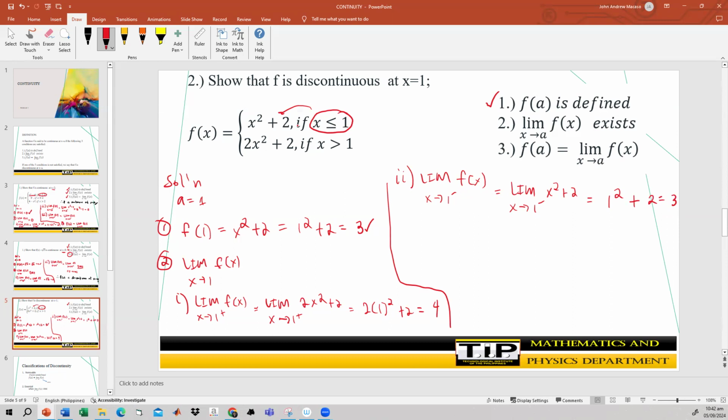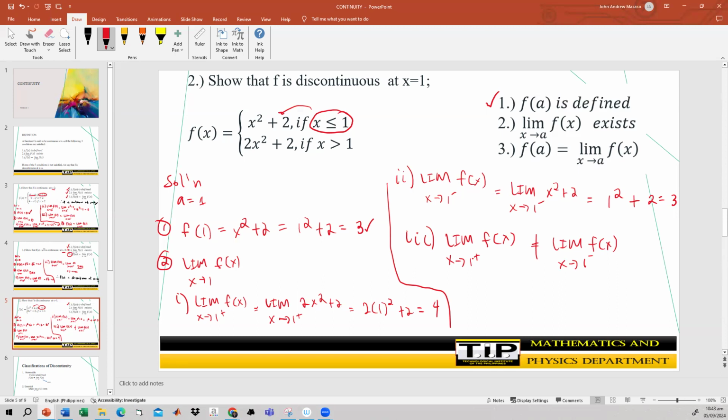So the left side limit exists. But again, you need to take note that the right side limit and the left side limit must be equal for us to say that the limit exists. In this case, class, you will see that the left side limit is not equal to the right side limit.